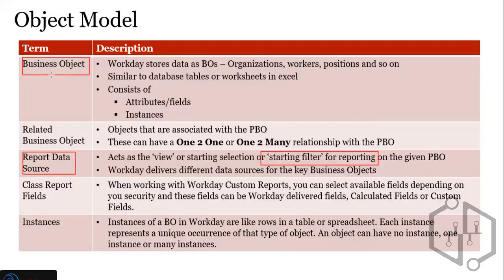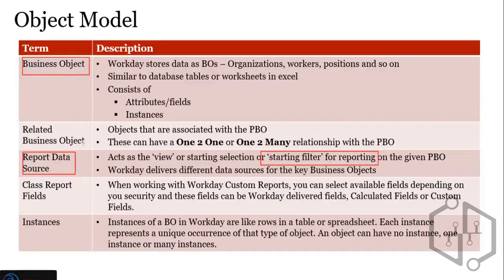Just like your business objects, data sources are Workday delivered. Each business object can have one or multiple data sources. The worker business object has a lot of data sources. Some business objects have zero data sources as well.